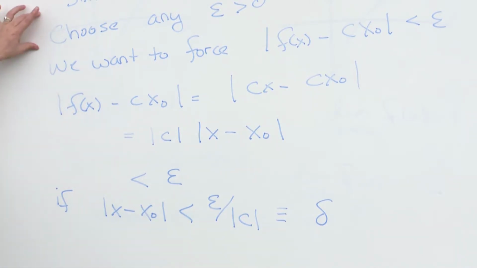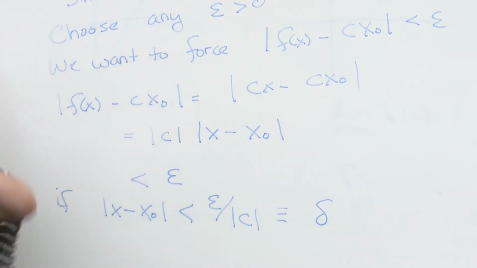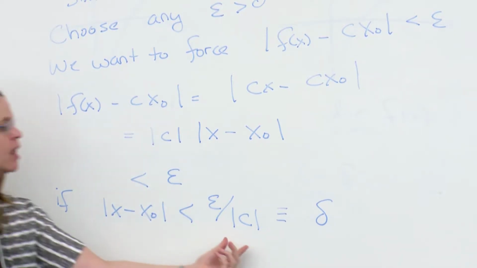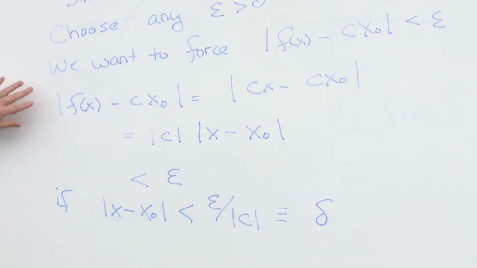We've said no matter how small epsilon is, I can always find a value of delta, right? As epsilon gets smaller, as my window for f gets smaller, my window for x will get smaller. But I have a window. I always have this window that will ensure that I can make f of x minus L less than epsilon.